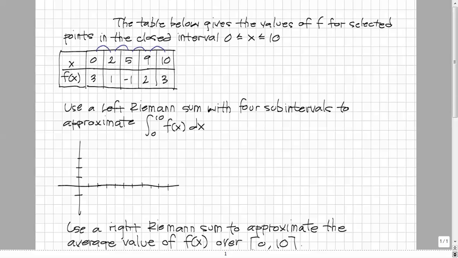Because we know that the integral from 0 to 10 of this function is the same as the area under that function's curve, it's useful to look at a graph of what we do know about the function. So we can plot the points that were given. On the graph we have a point at 0, 3, at 2, 1, at 5, -1, at 9, 2, and 10, 3.